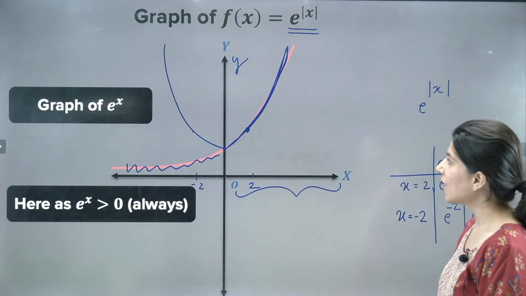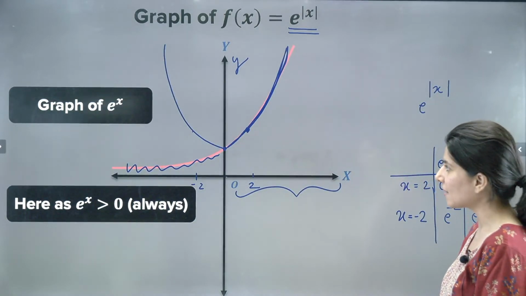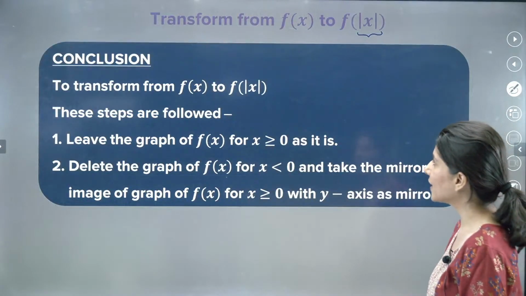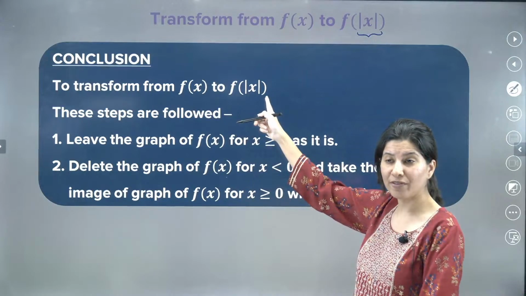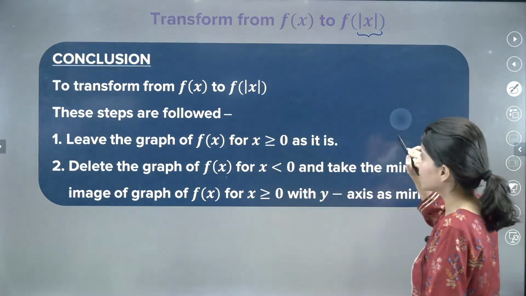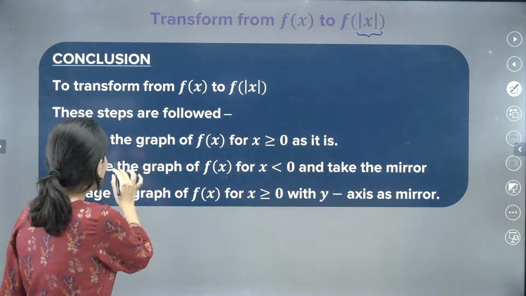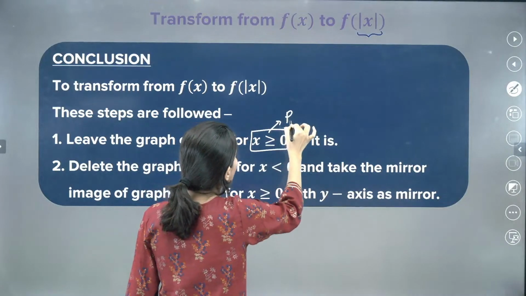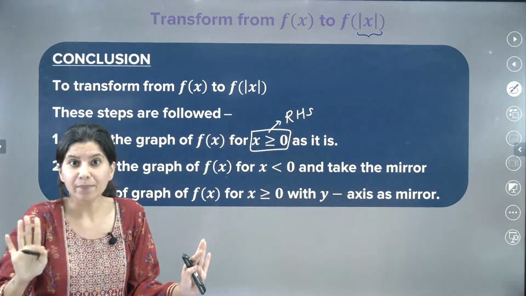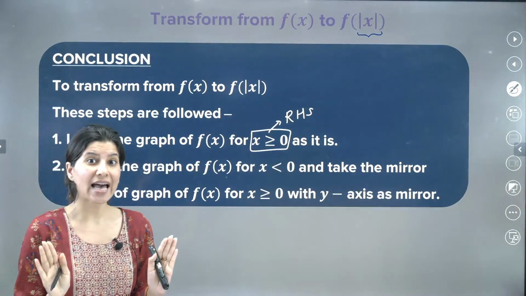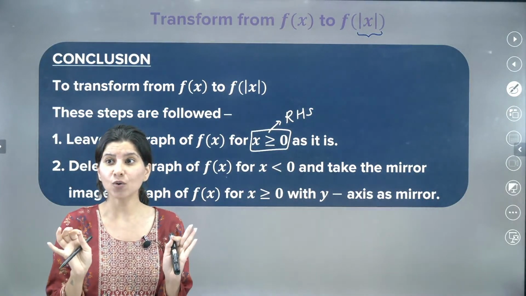So what are the steps? Let us talk about the steps and come back. Steps to perform f of mod x: if from f of x you have to go to f of mod x, leave the graph of f x for x greater than or equal to 0. That means the right hand side of the graph is absolutely as it is, no change.